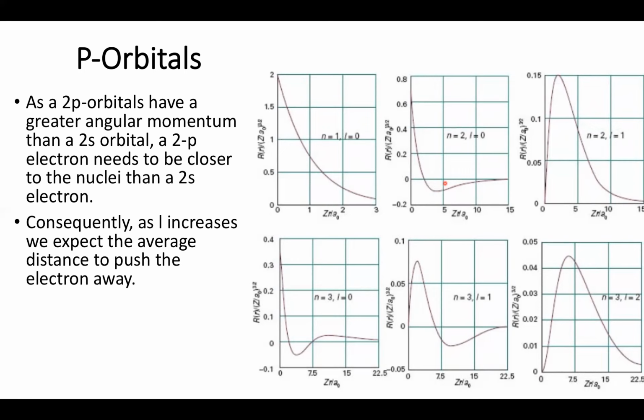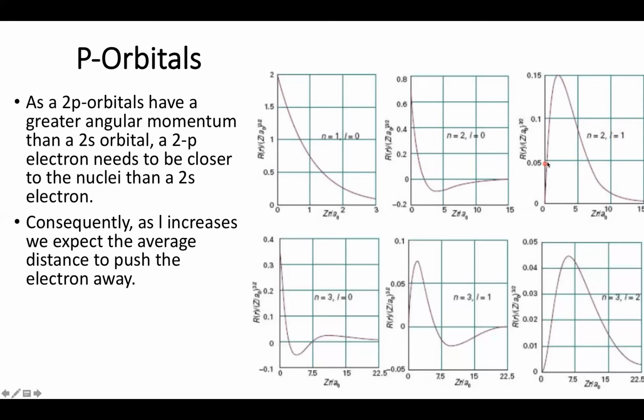And so consequently, as L increases, and this is going to also be true for d orbitals, we expect the average distance of the electron to slowly go closer as compared to an orbital with the same principal quantum number but a smaller angular quantum number, because more of the energy has to be caught in the attractive potential. So again, larger L, closer it is to the nucleus on average.